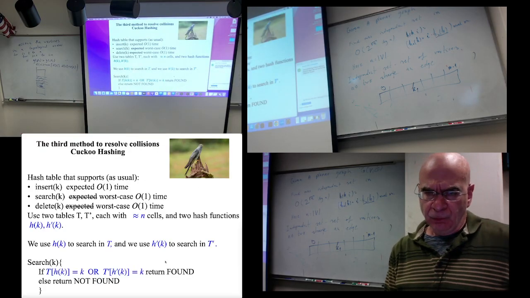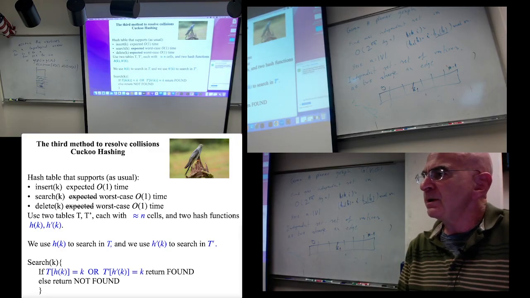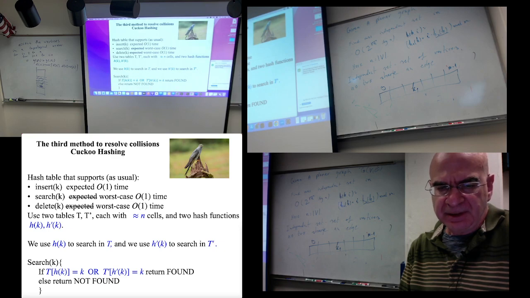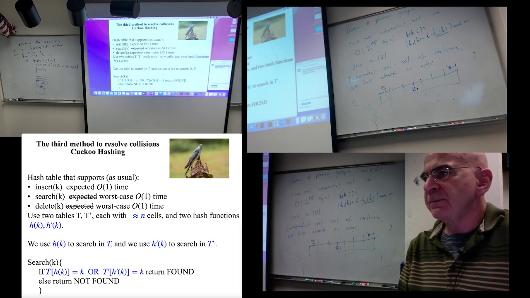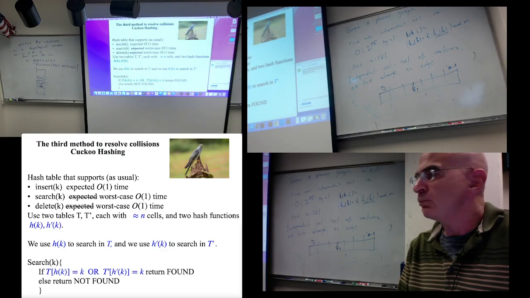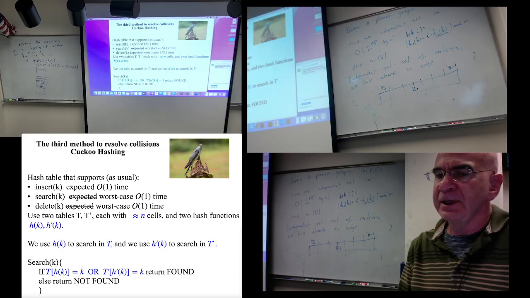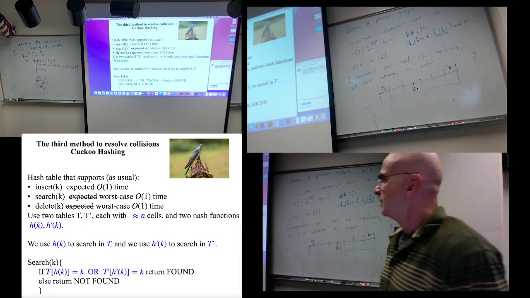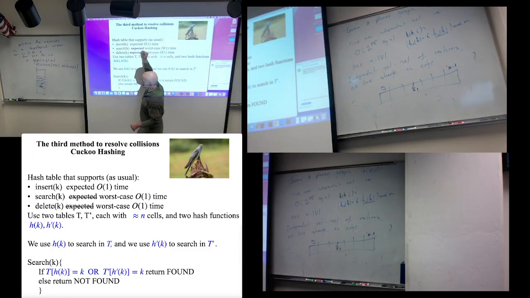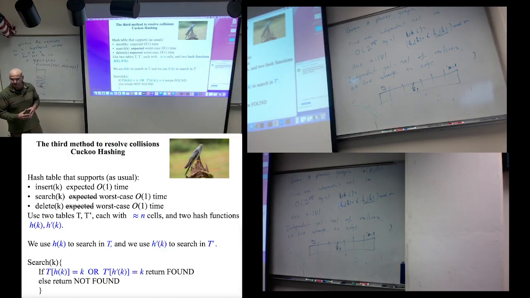Okay, cuckoo hashing. We didn't get very deep into the analysis, but I still want you to remember what happens with cuckoo hashing in terms of the main algorithm, what its advantage is, and why we expect it to work. The advantage is that when I'm searching for a key, it takes constant time.